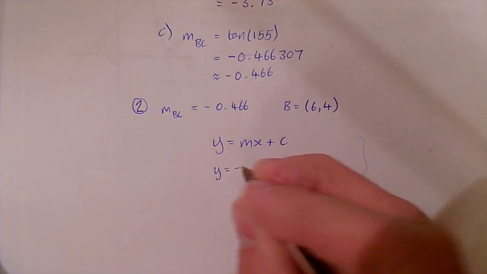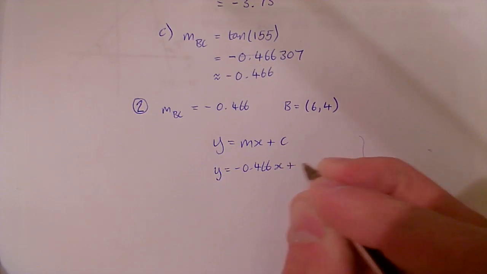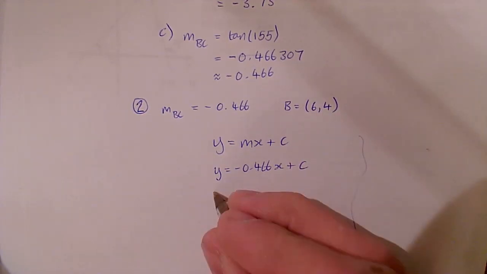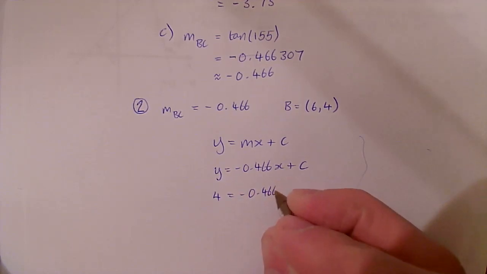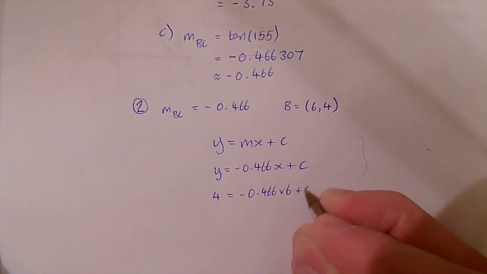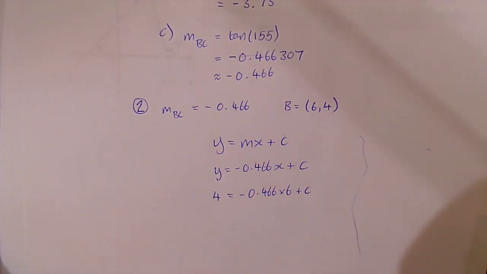So y equals minus 0.466x plus c. And putting our numbers in, we get 4 equals minus 0.466 times 6 plus c. And working that out, we're adding 6 lots of 0.466 onto 4.